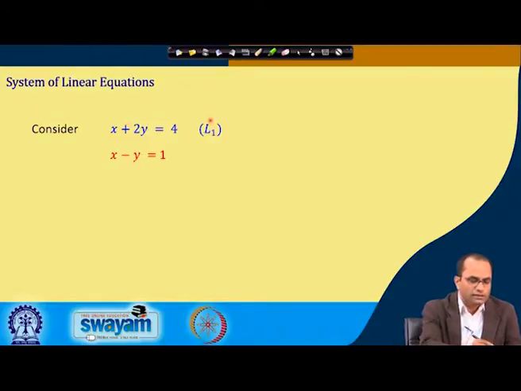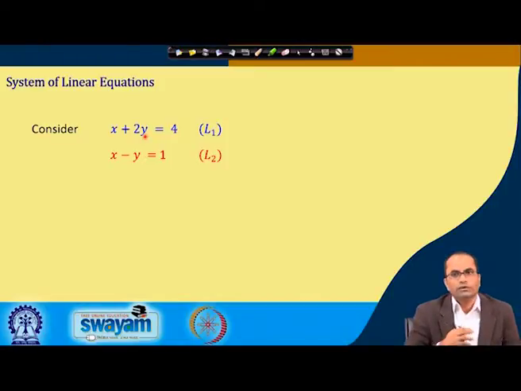Let us call the first equation L1, because this is the equation of a line, and L2 is the equation of the second line, given by x minus y is equal to 1. When we are considering only two variables x and y, the equations of the system are nothing but the equations of lines.